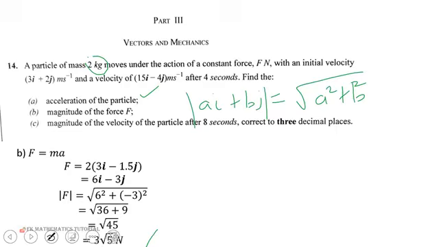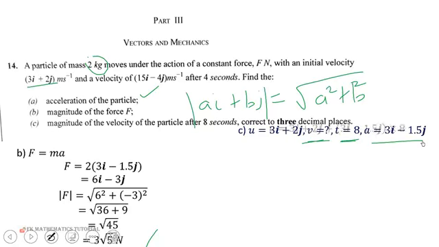Now the third part of the question says that we have to find the magnitude of the velocity of the particle after 8 seconds, correct to 3 decimal places. So this time our information will be u equals 3i plus 2j, which is the initial velocity. The final velocity we don't know yet; the final velocity after 8 seconds is what we are looking for. We know the acceleration of the particle to be 3i minus 1.5j.